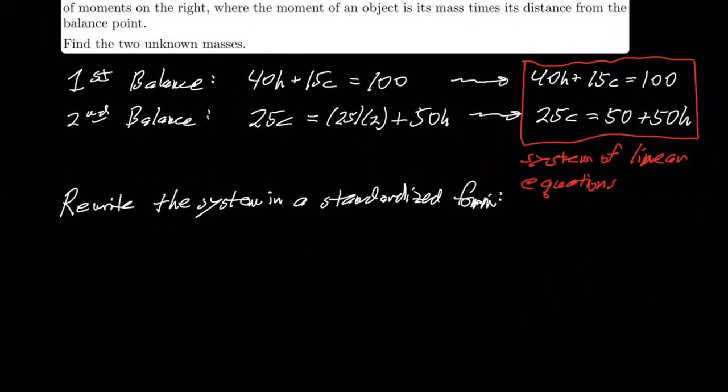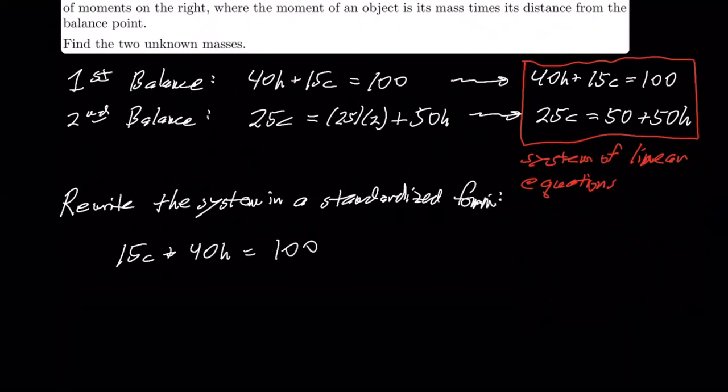What do I mean by that? Well, I'm going to line up the variables on one side and the constants on the other. So let's say for the first equation, I put C first and H second, and then have the constant after the equal sign.